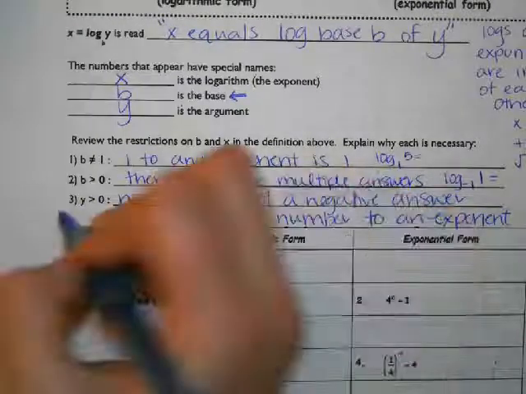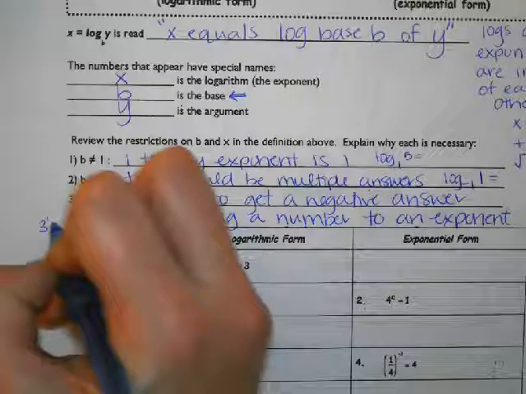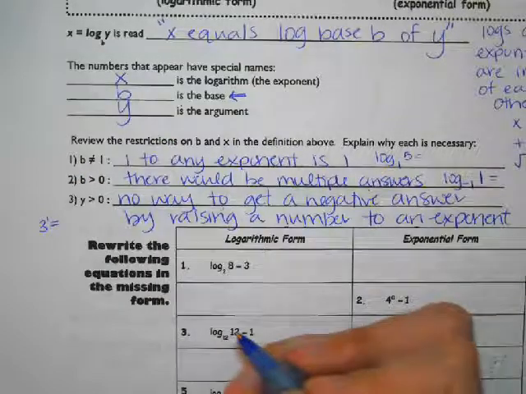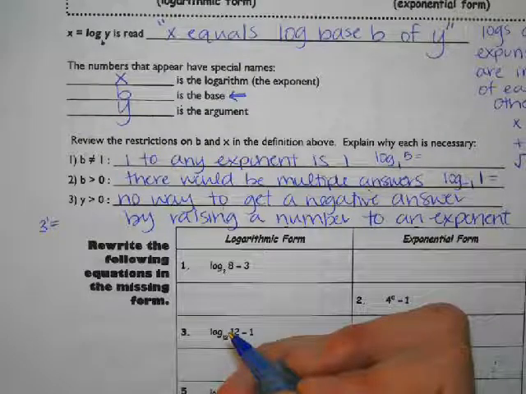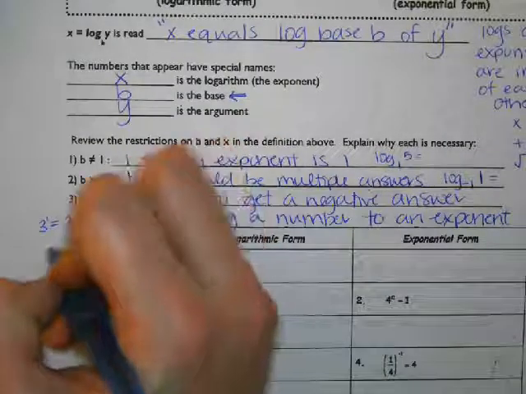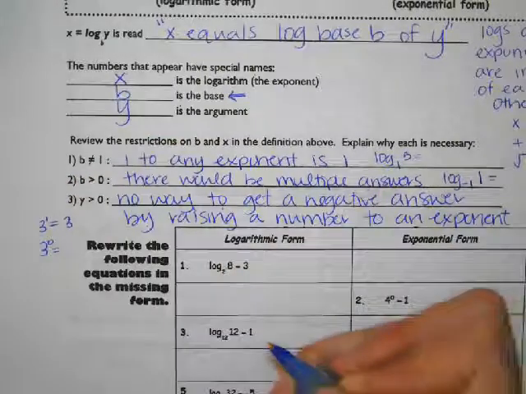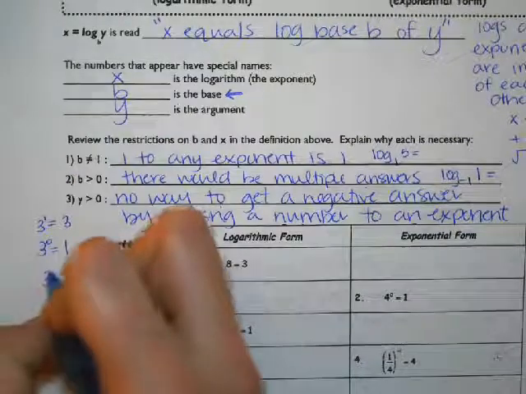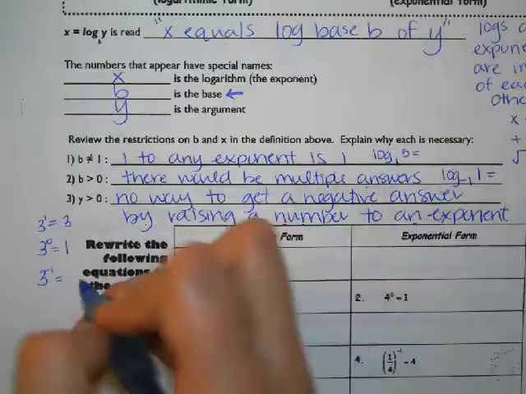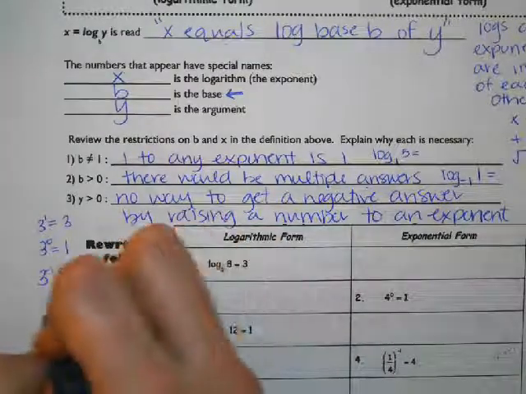So if I had 3 to the 1, what's 3 to the 1? 3. What's 3 to the 0? 1. Right. What's 3 to the -1? 1/3.